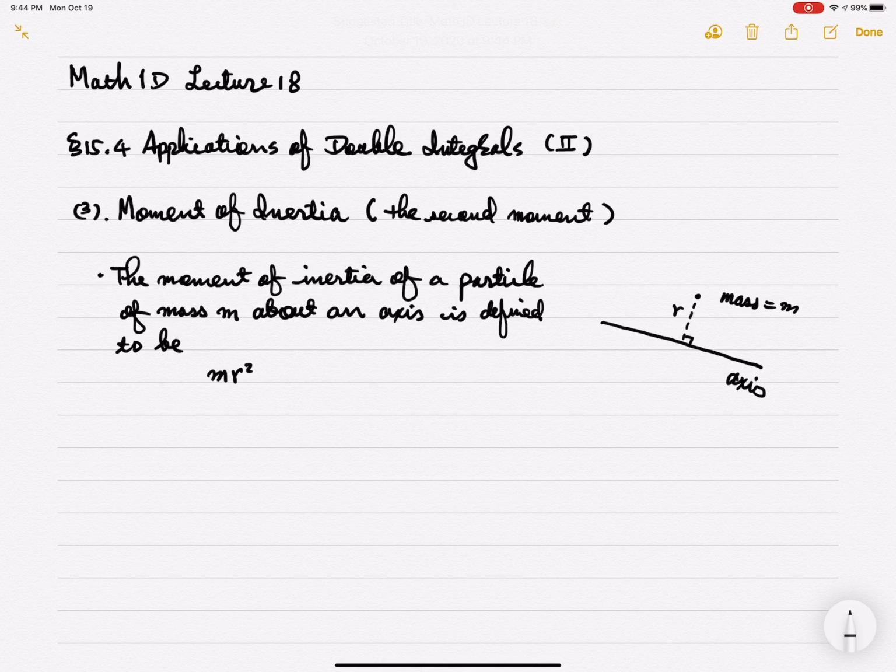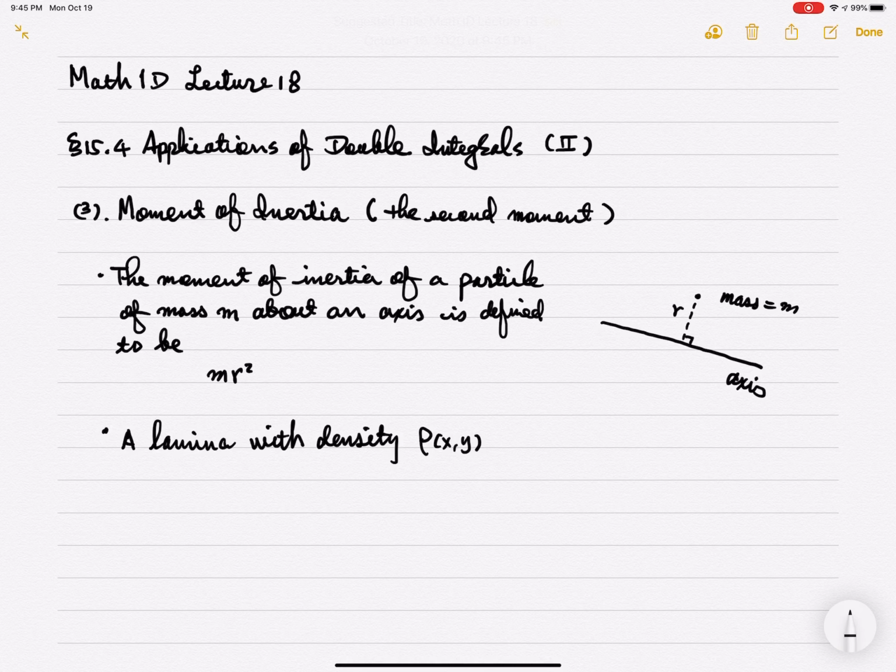Now suppose we have a lamina with density rho of x, y, of course density at one point. So this is the mass unit per area unit.